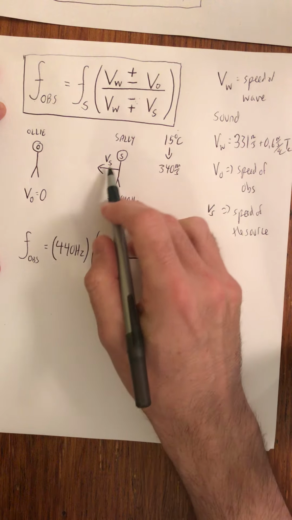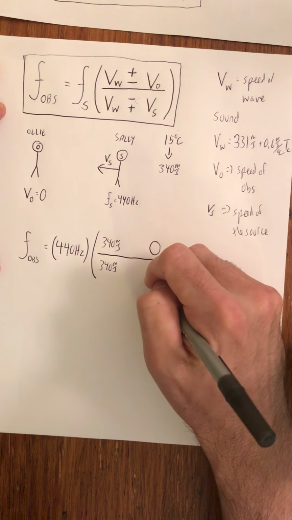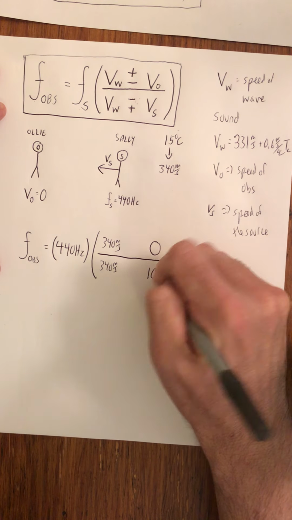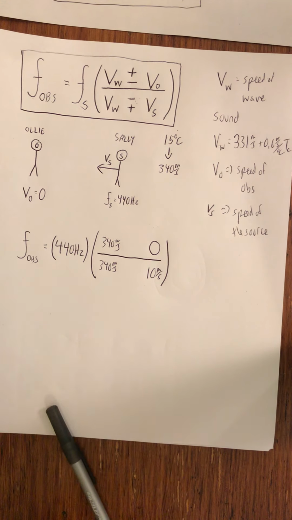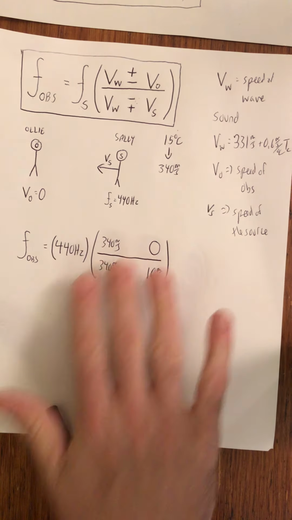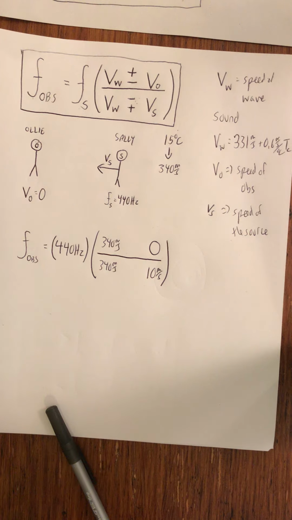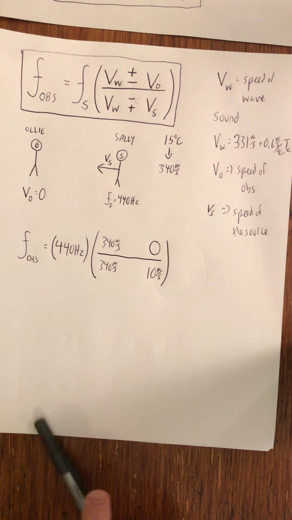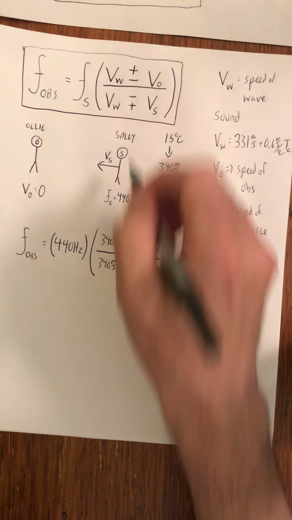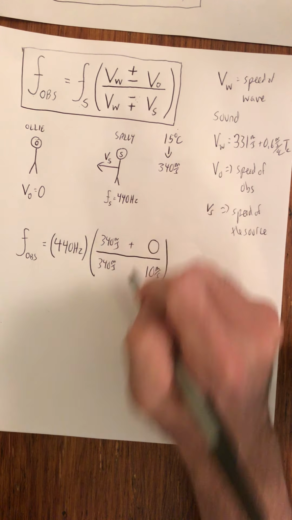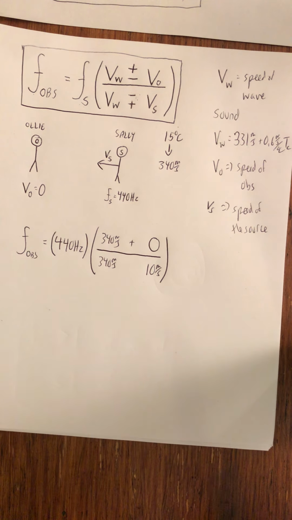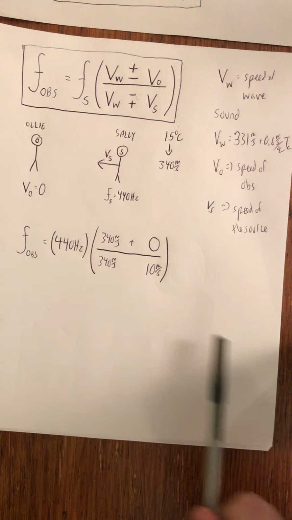And the source, let's say Sally is moving at 10 meters per second. All right, cool. And so I always write my equation down, fill out the template with the numbers, and now I make choices about signs. Well, obviously here, it doesn't matter whether I choose positive or negative, because that's just going to be nothing. But what am I going to put down here?